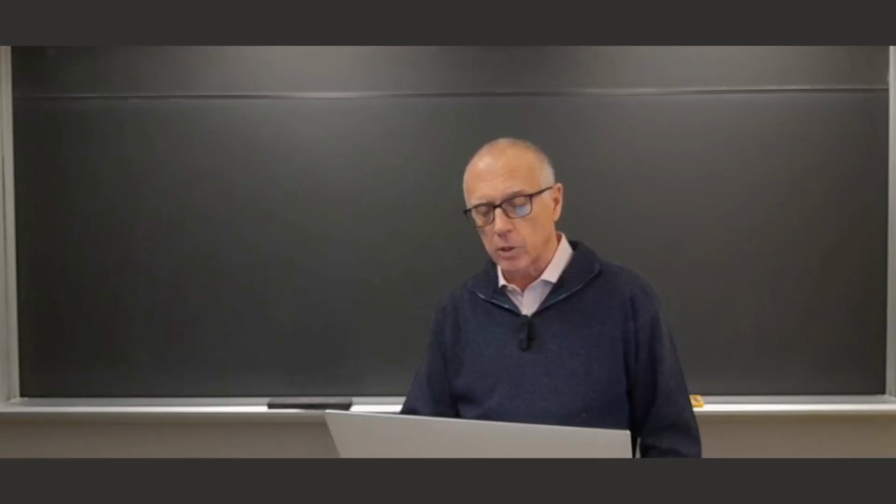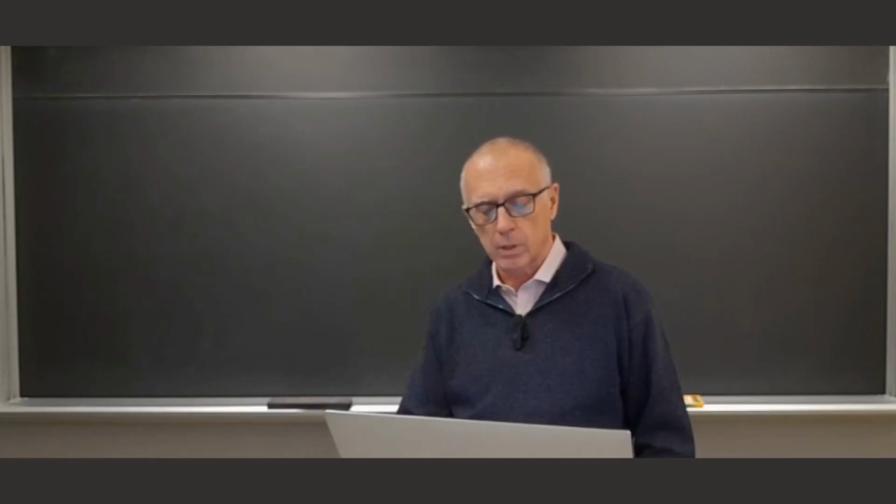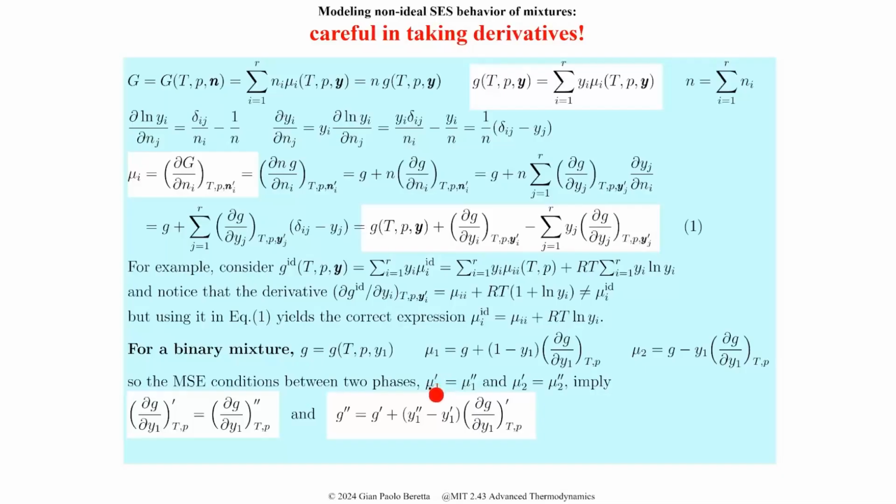We need them when we want to apply the conditions for mutual equilibrium between two phases. Because if we have two phases in equilibrium, component 1 must have the same chemical potential in both phases, and component 2 also.